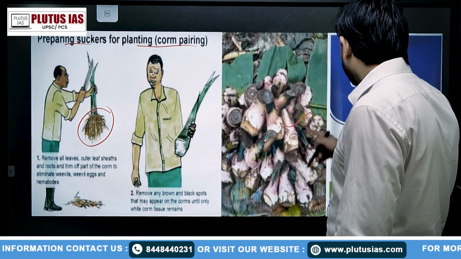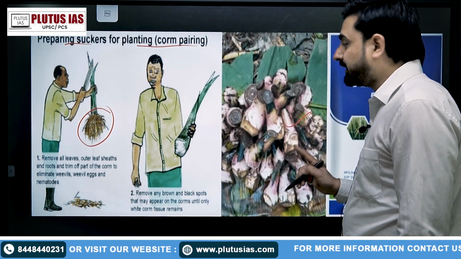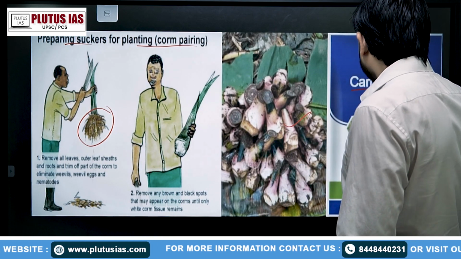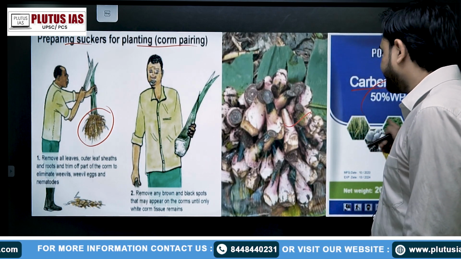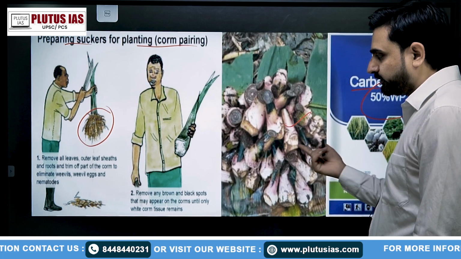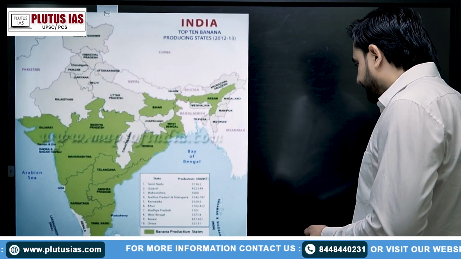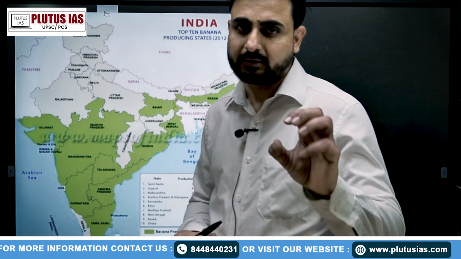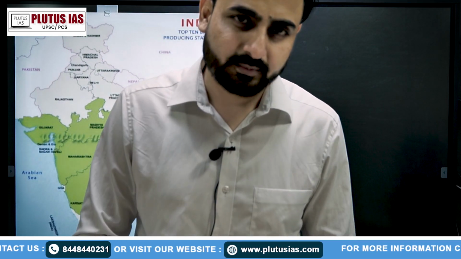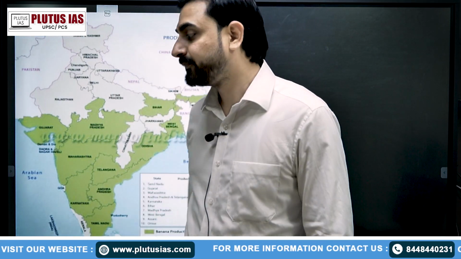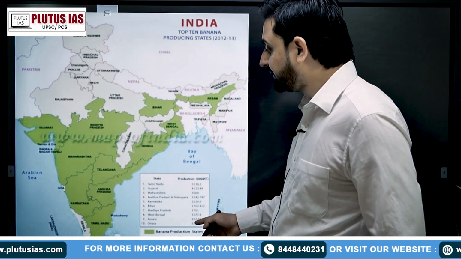Then you need to shape it in this form. Further, you can apply carbendazim 50% so that no fungus attack is likely to occur within banana propagation, banana plantation.